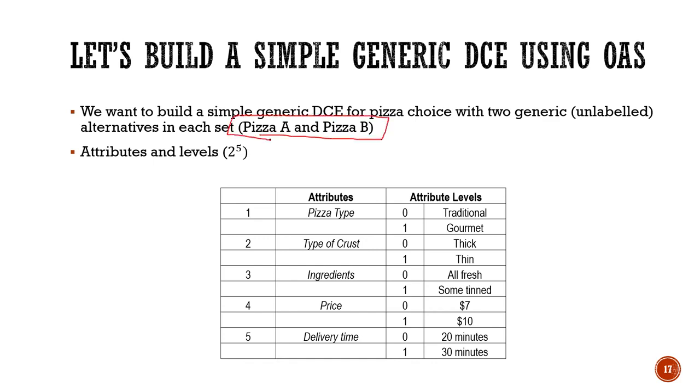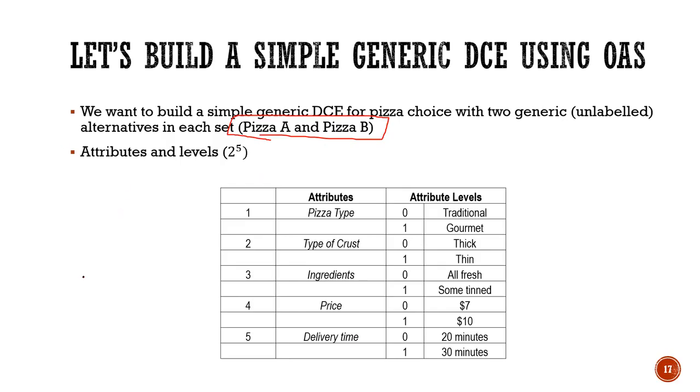The brand name is not given, but let's call them Pizza A and Pizza B. These are the attributes: type of crust, ingredients, price, and delivery time. So there are 5 attributes with 2 levels each, and the number of combinations can be very large. For 5 attributes, that is 2 raised to the power 5, which is 32 combinations.